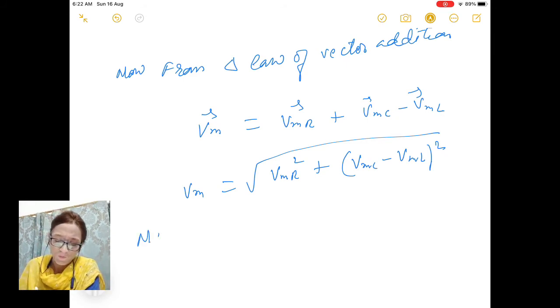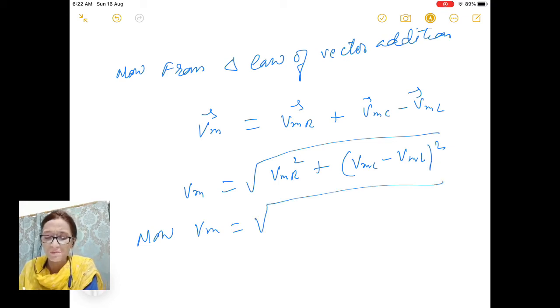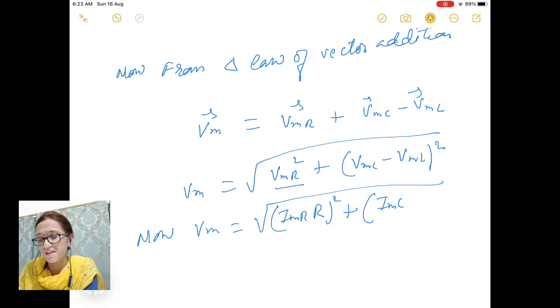Now you can write VMR in terms of IR because it obeys Ohm's law. So VMR is equal to IMR into R whole square. Similarly, VMC will be equal to IMC into capacitive reactance, which is the resistance in a capacitive circuit.